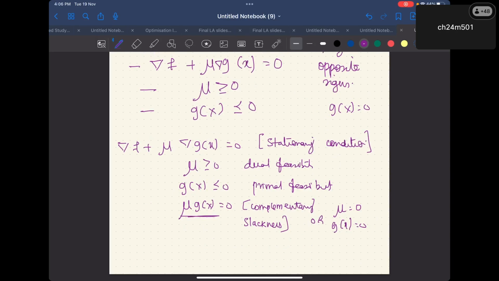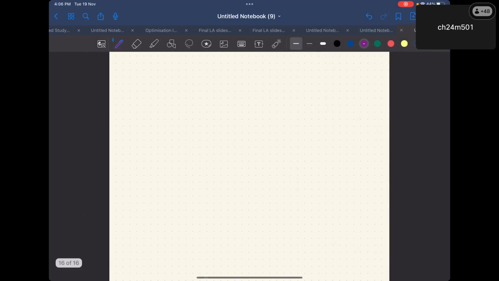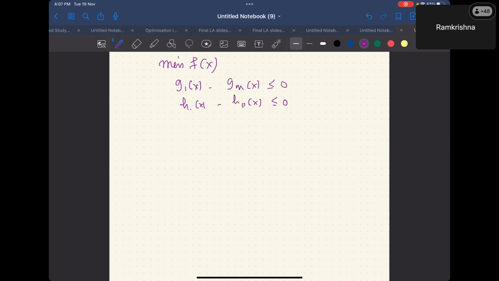Okay, now I can slowly generalize these two to multiple inequality constraints. So I'll write a very generic condition now: minimize f of x subject to g1(x) till some gm(x) less than or equal to 0, h1(x) to some hp(x) equal to 0.